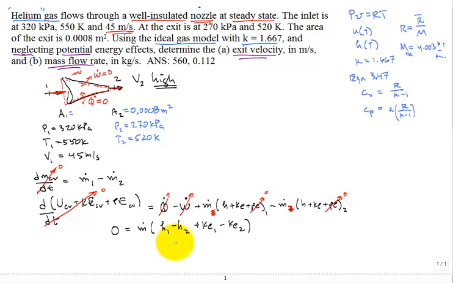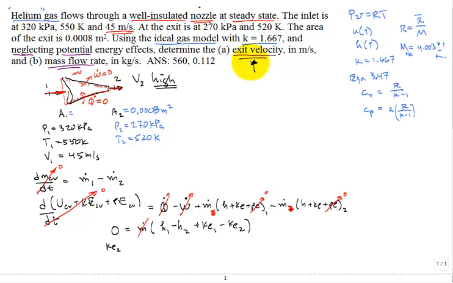All right. So if we're using constant specific heats, first of all, we can divide each side of the equation by mdot and get rid of that. And then we can rewrite this as the kinetic energy exiting at state 2, because we're looking to get the velocity at the exit.